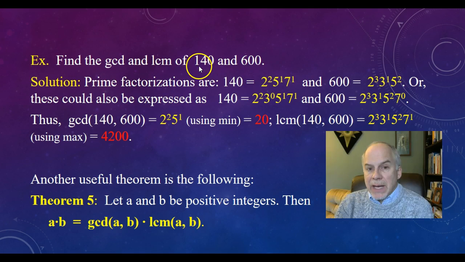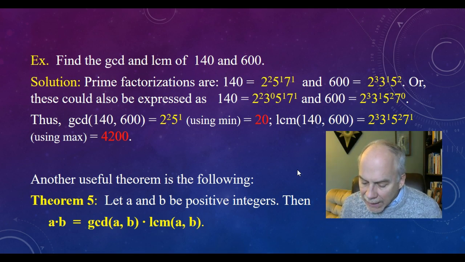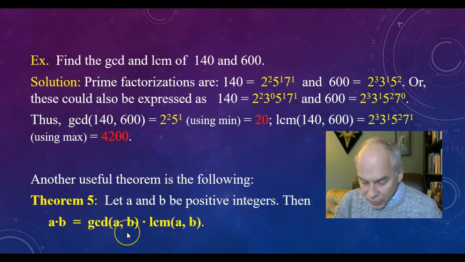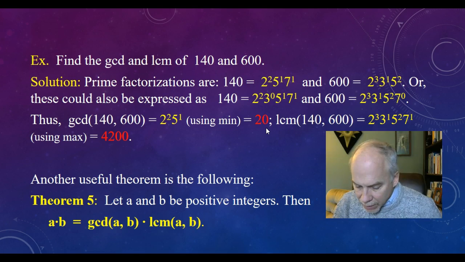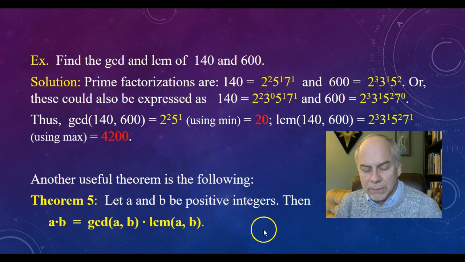If we multiplied 140 times 600, we get 84,000. Okay? But if we multiply the greatest common divisor, which is 20, times the least common multiple, which is 4,200, we also get 84,000.